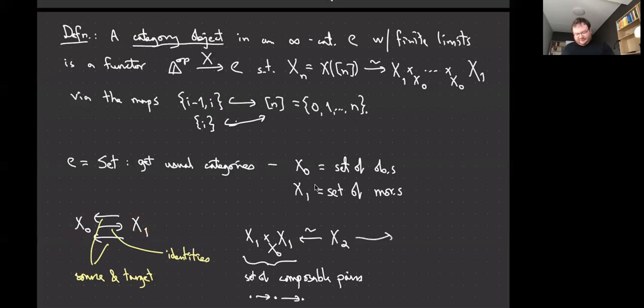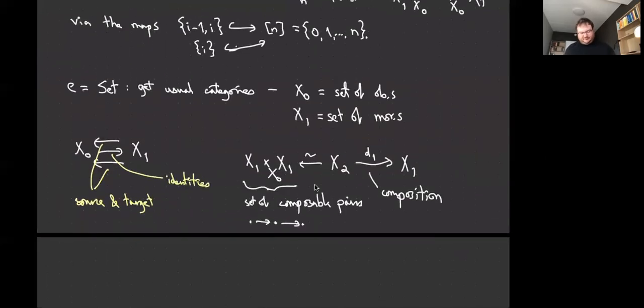And then I have another map from x2 to x1 that I didn't use in forming the fiber product, which is the middle face map d1, and this gives me the composition in my category. And then you can work out that the condition for x3 and the fact that a square of maps from x3 commutes gives you the associativity.